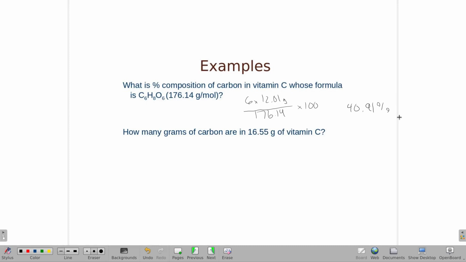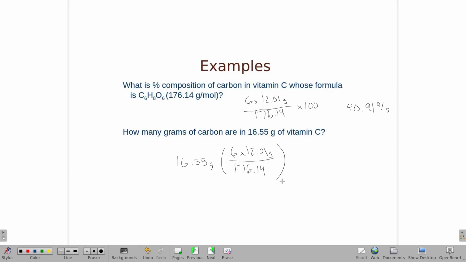Now, if I gave you a question like right below there, how many grams of carbon are in 16.55 grams of vitamin C? We are just doing something like this. So the 16.55 is the mass of vitamin C. So I am going to have that 176.14 down there. Up here is just the carbon number.